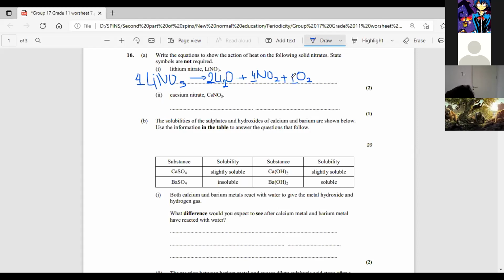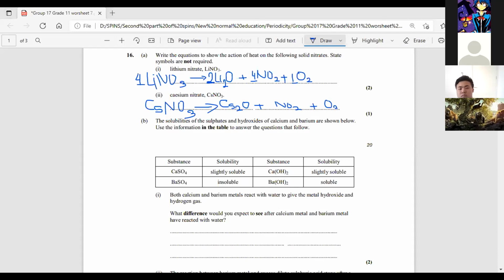Okay, and then for cesium nitrate, CsNO3 decomposes to become cesium oxide plus nitrogen dioxide and plus oxygen gas.